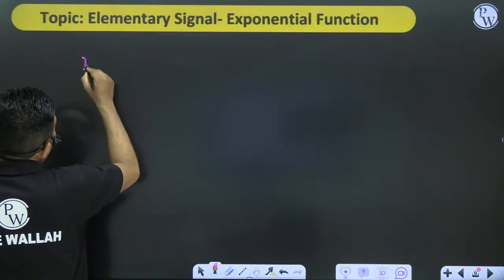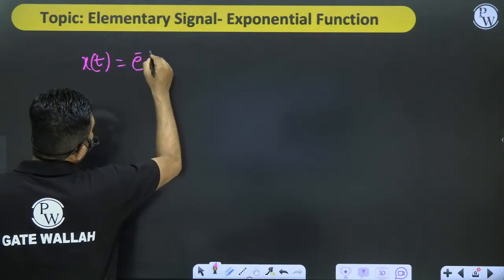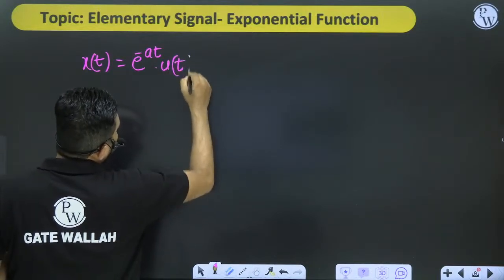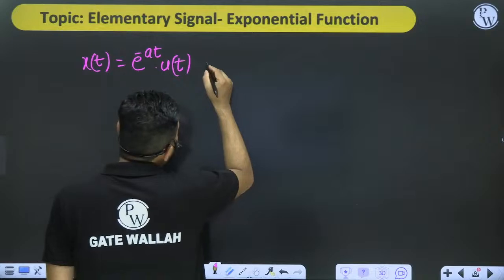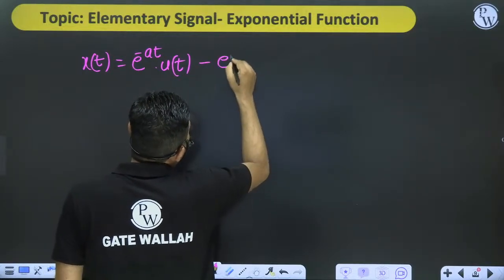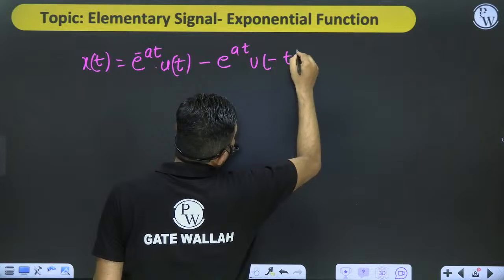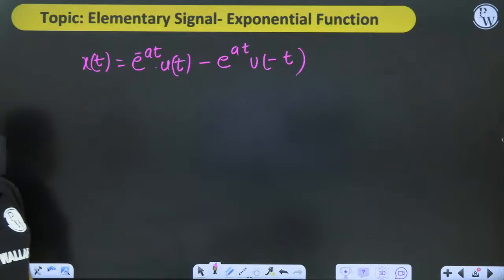Suppose I have x of t, which is e to the power minus at u(t) minus e to the power at u(minus t). What curve will you get? Listen carefully.